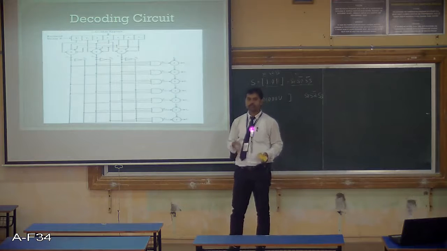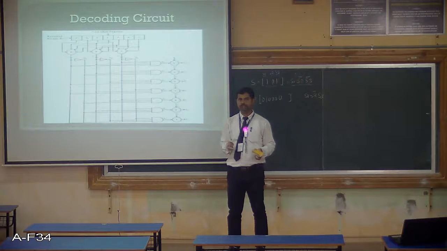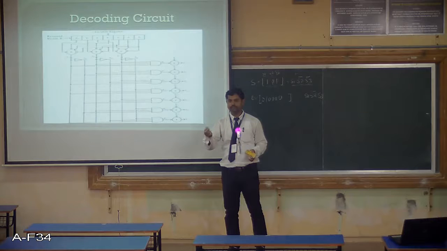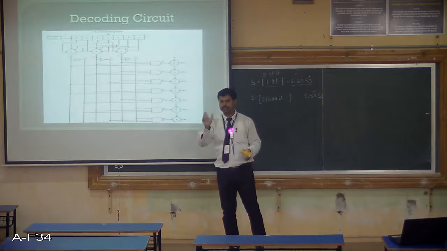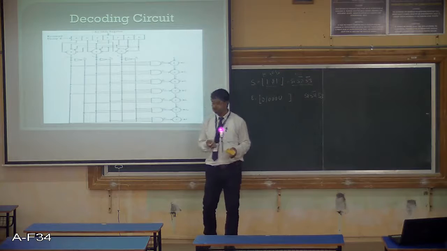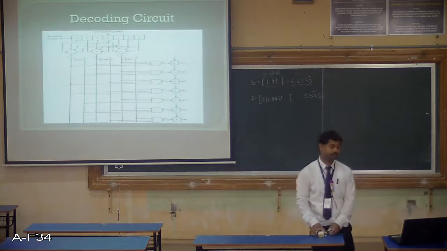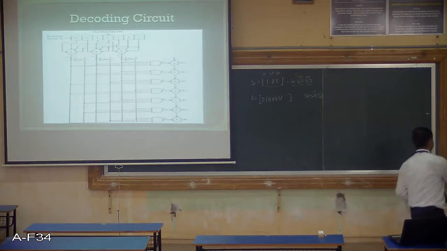At the same time, the rest of the gates will be disabled. You can check it. Only that particular gate will be enabled. That will produce the error vector. If you have an error vector and the received vector, I can correct my codes. This is all about the decoding circuit. Any doubts here?